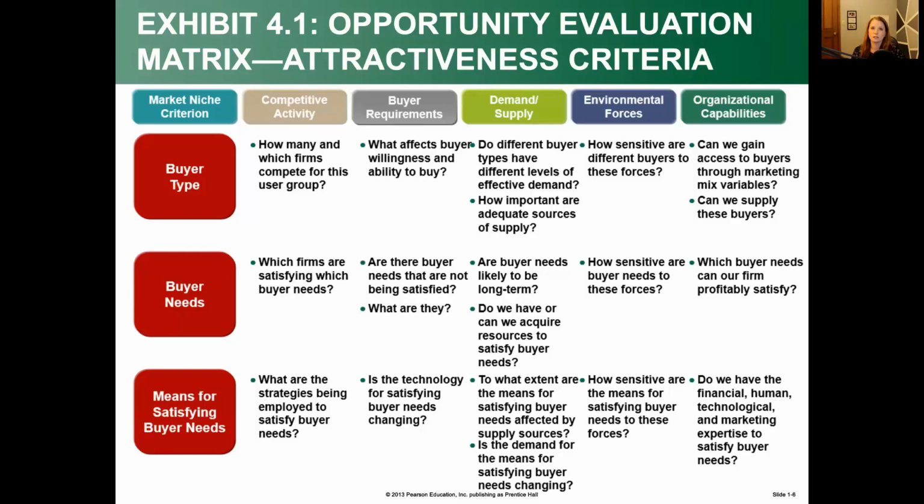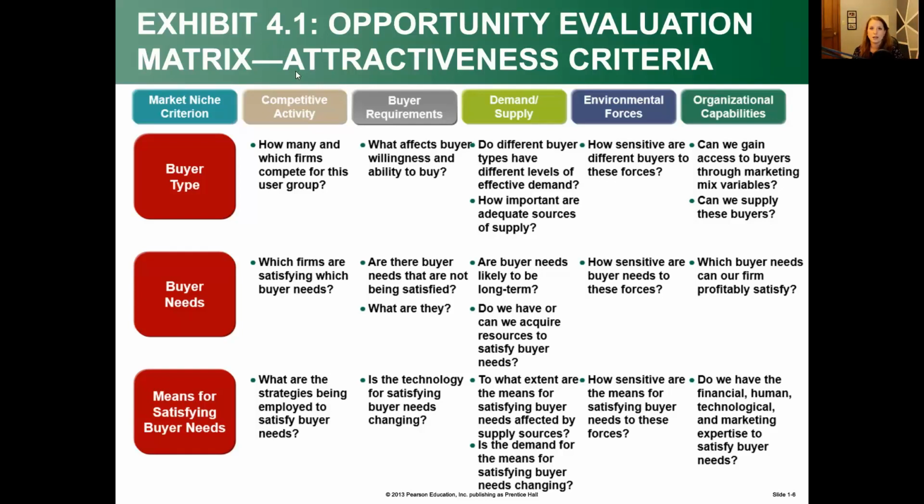Then we look at organizational opportunity or capabilities, right? So do we have the marketing pieces in place to access these new groups of buyers? Do we have the capabilities from a creative standpoint, from just a personnel standpoint? Do we have enough people on staff or enough capacity within our marketing agency to utilize some of these?